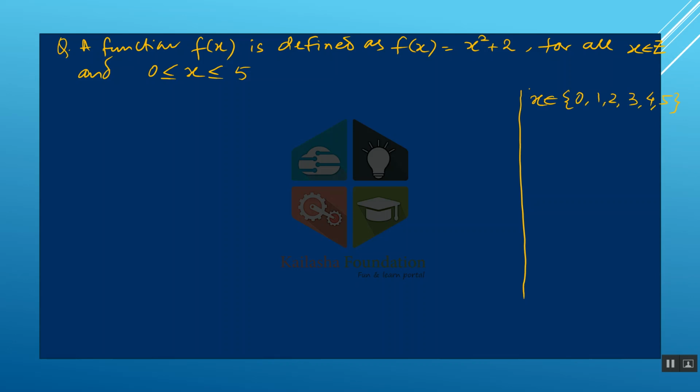A function f(x) is defined as f(x) equal to x square plus 2 for all this. And now the question is, what is the domain of f? B. What is the range of f?